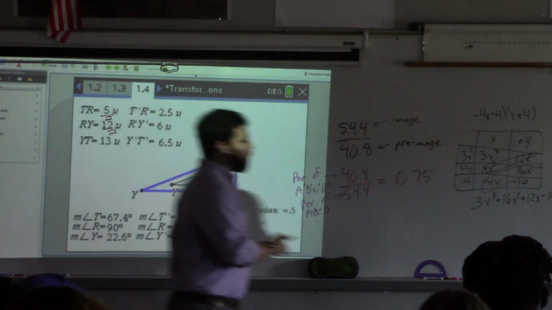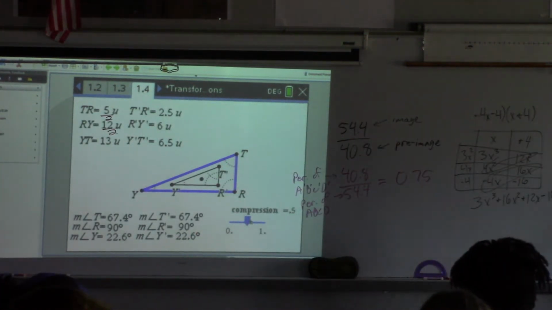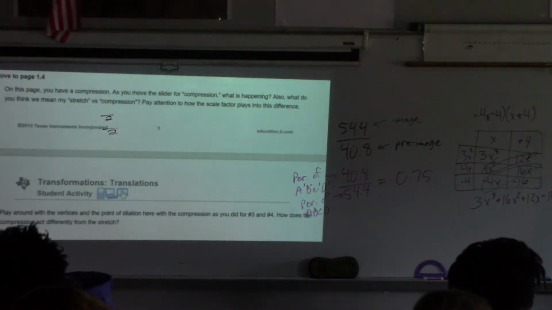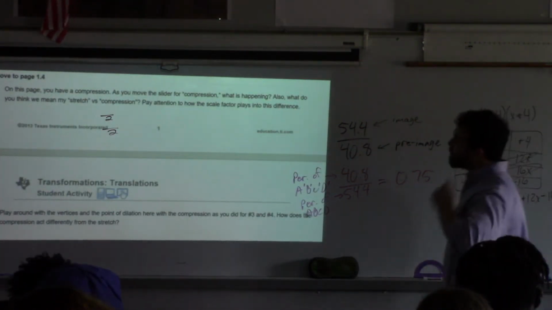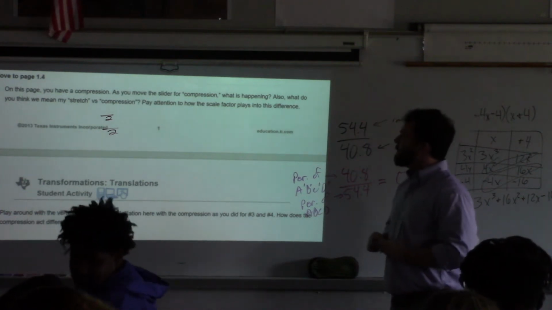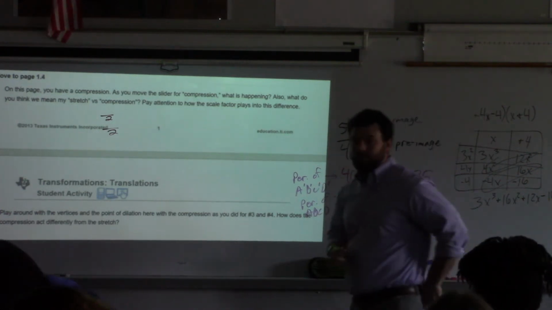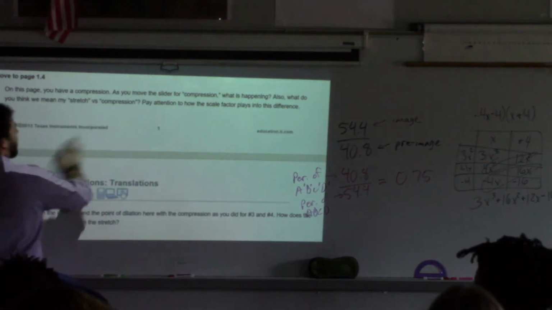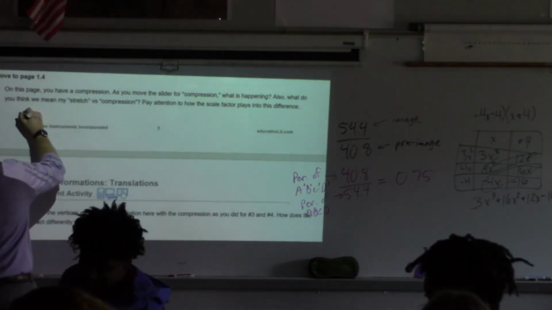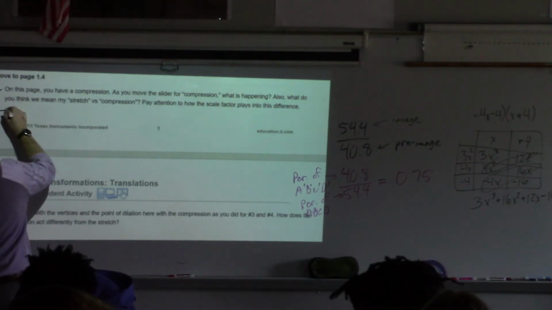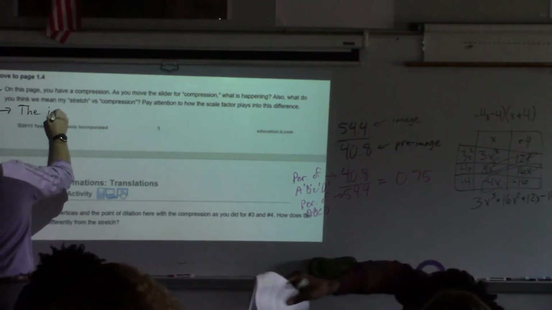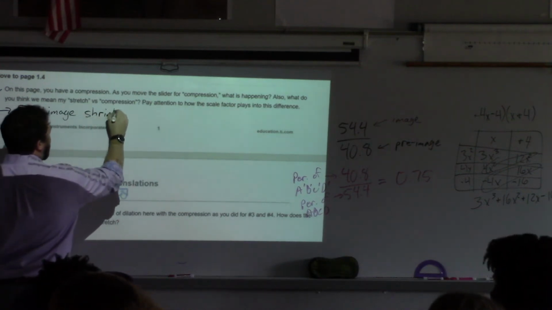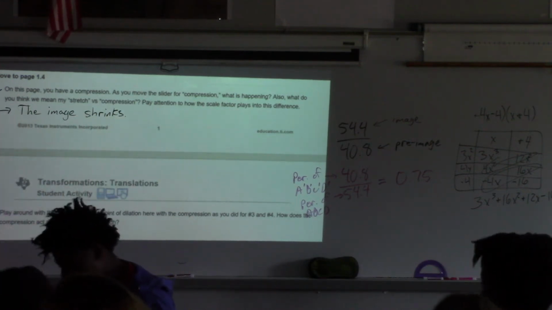Now let's look at the questions that were involved on this paper. On this page you have a compression. As you move the slider for compression, what is happening? For compression, the image shrinks. But how do we know how much it shrinks by?